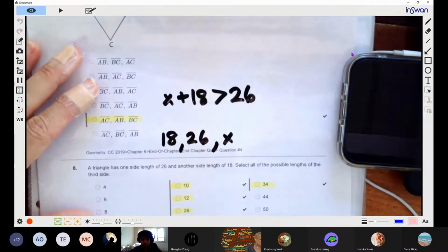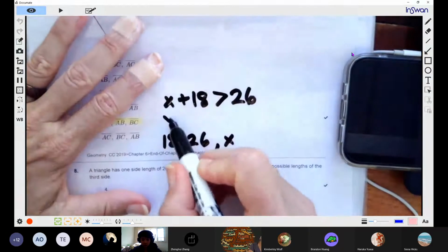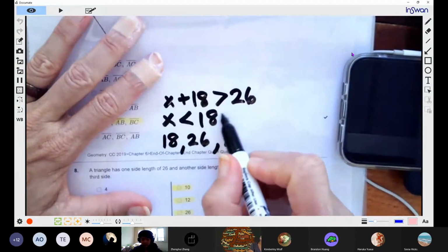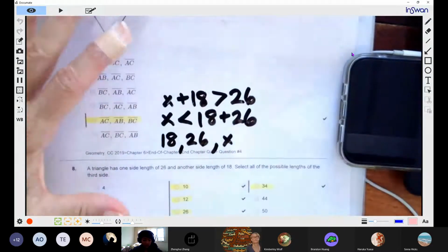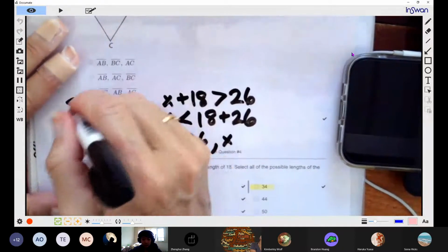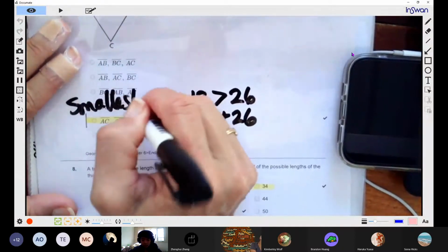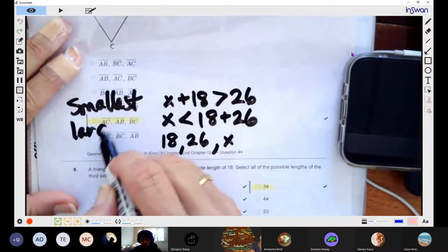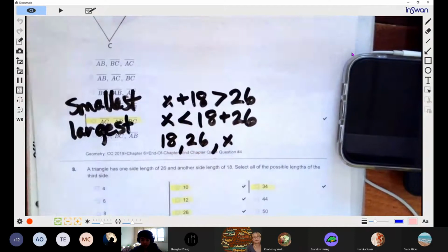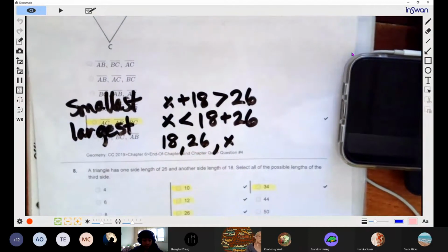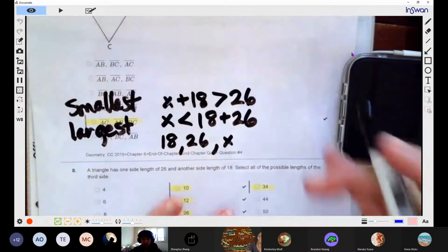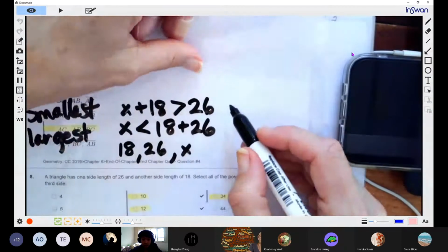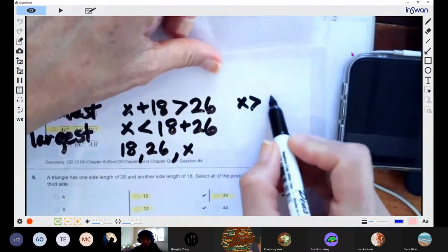If X is the biggest one, then you can write X has to be less than 18 plus 26. So this is smallest possibility, and this is largest. Because any 2 sides have to be bigger than the third side. Well, for this one, I'm going to subtract 18 from both sides, and I get X has to be bigger than 8.